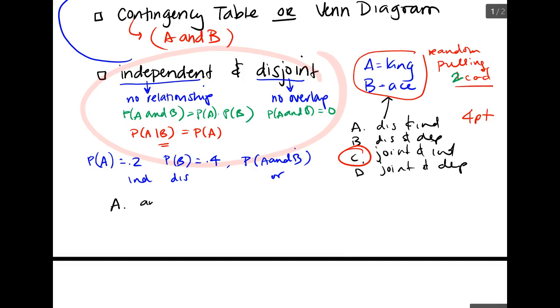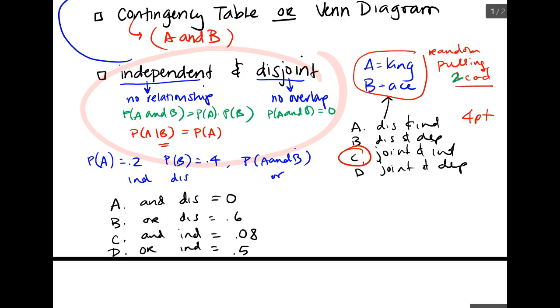The and for disjoint would be 0. The or for disjoint would be 0.6, because we just add them together and subtract 0. The and for independent is 0.08, because we multiply the two of them together. The or for independent is 0.52, which is 0.6 minus the 0.08. So this is another one where the answer choices are right there.